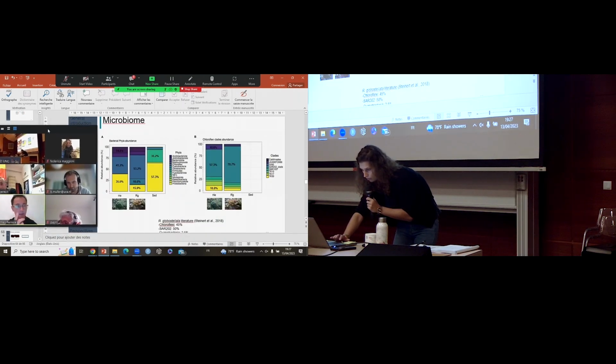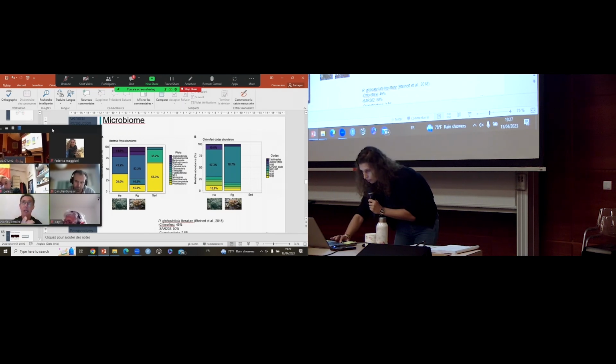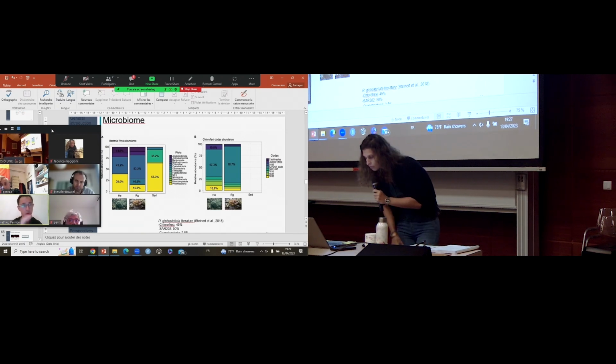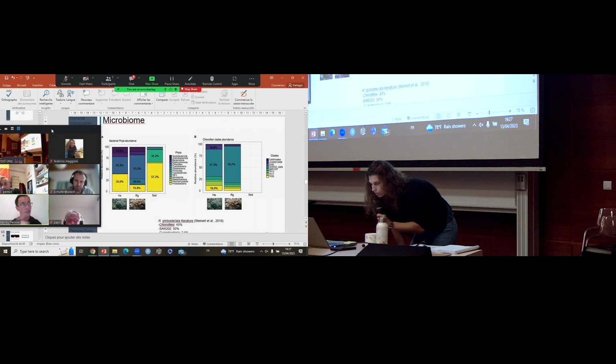Something I want to point out, and it's more a comment than a question: the kind of work that I do in sponge is actually looking at the translocation of carbon between the symbionts and the host. And we've seen clear differences between cyanobacteria, for instance, and dinoflagellates or other algae. Very clear differences in the translocation, so how much carbon is going from the photosynthetic symbiont to the host. So be aware of that.